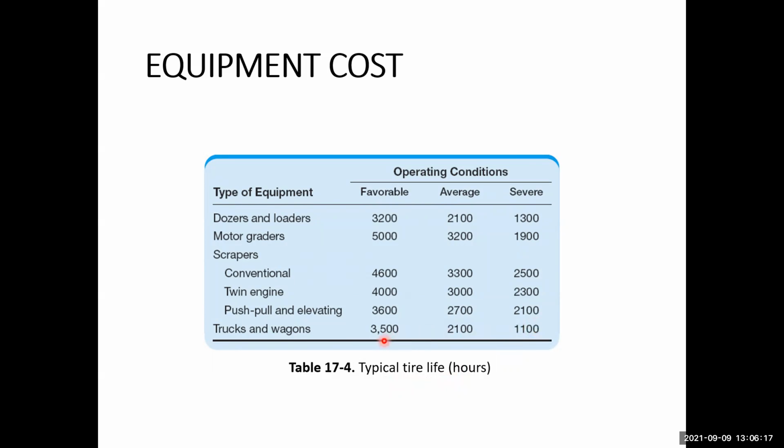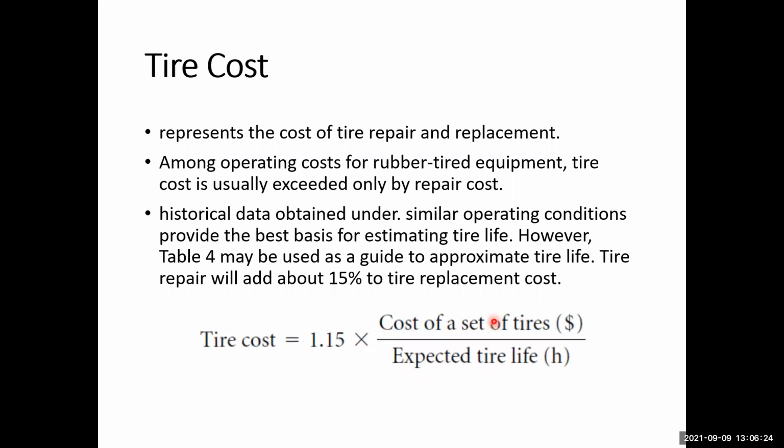For example, trucks and wagons will use 3,500 hours of tire life. Then from the manufacturers, we will know the cost of a set of tires. So if you take the cost of the set of tires in dollars and divide by the hours, that will be the dollar per hour cost of tires.